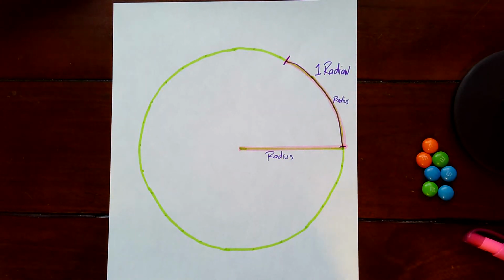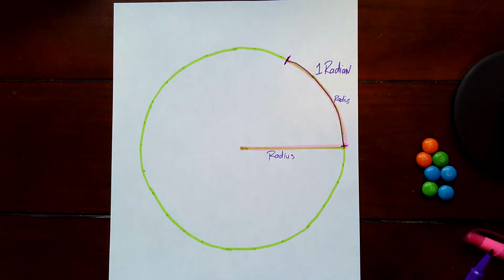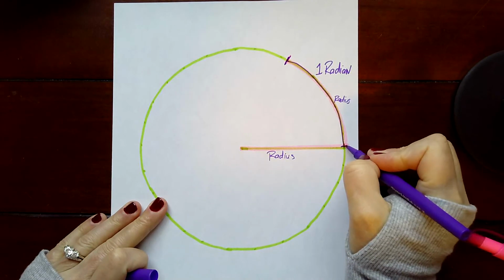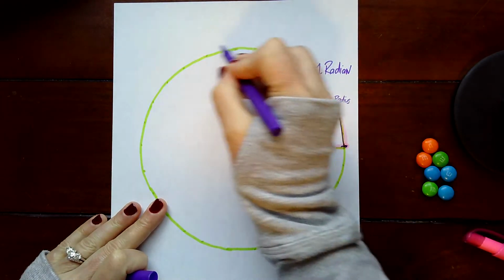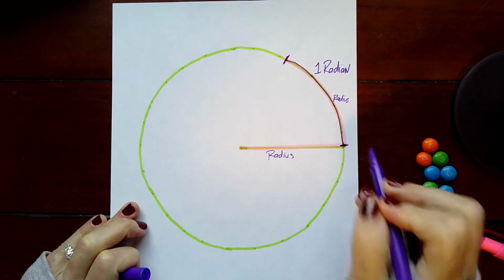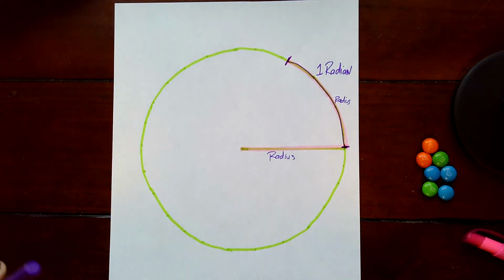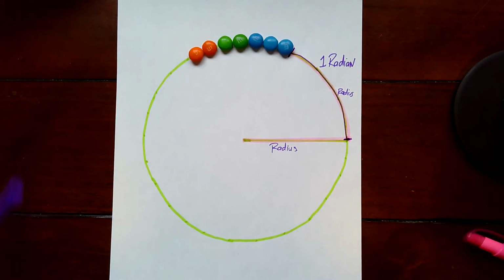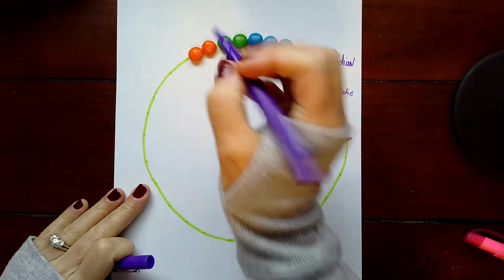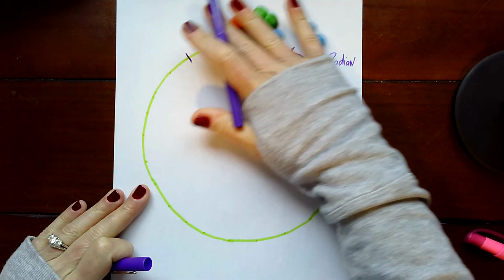So here's my question for you. If I took the 1 radius and laid it outside of the circle and it landed here, how many radii is it going to take me to go from the start all the way around and end right here? I want you to think about how many times I have to lay out the 7 M&Ms. Here's another one, laid out straight on the circumference. I'm going to tick mark it, and that becomes a second radius.